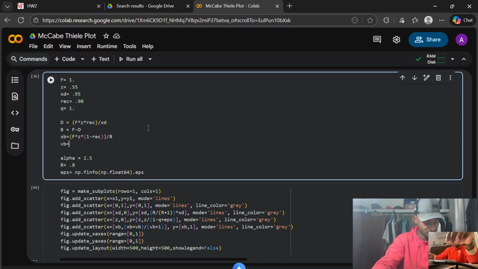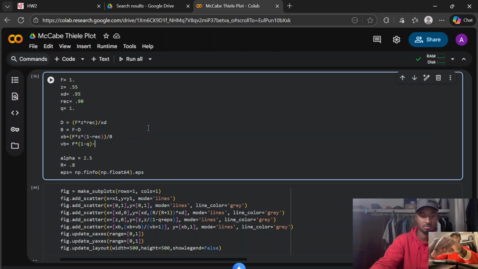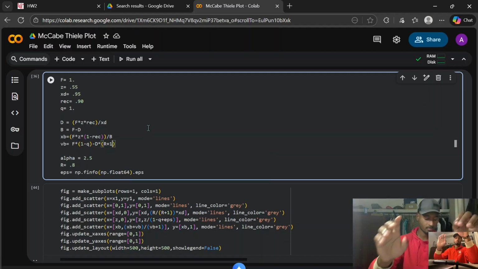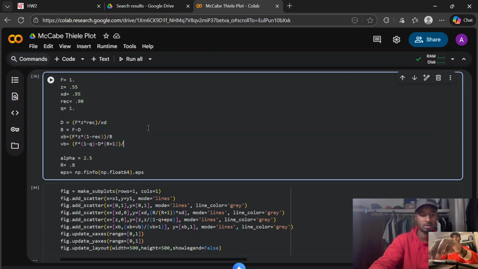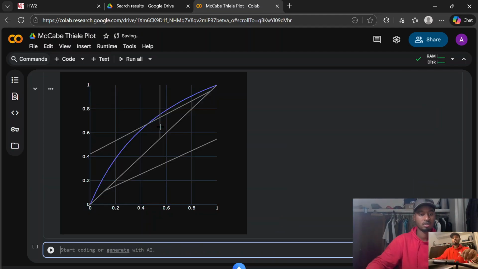So we have F times 1 minus Q there, and then we subtract D times R plus 1, and then we divide all that by our bottoms flow rate. So divide that.